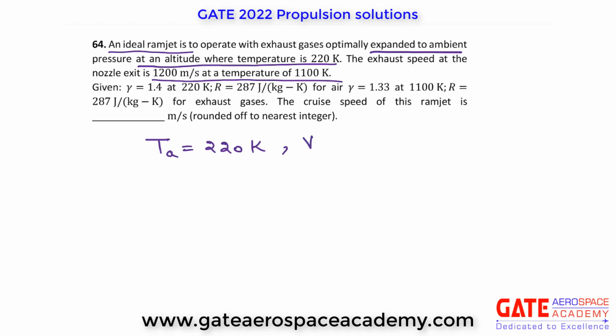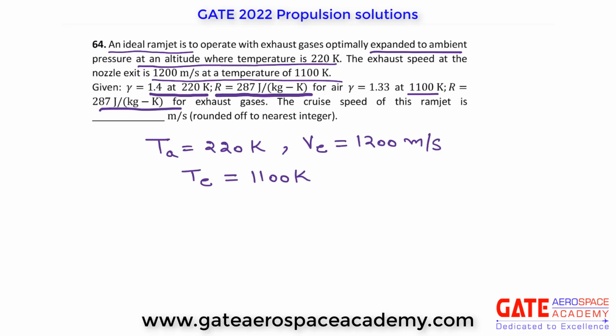So exhaust speed is 1200 meter per second and exhaust temperature T exit is equal to 1100 Kelvin. Given gamma is equal to 1.4 at 220 Kelvin, R is equal to 287 joule per kilogram Kelvin for air, and gamma is 1.33 at 1100 Kelvin. R is same for hot exhaust gases.